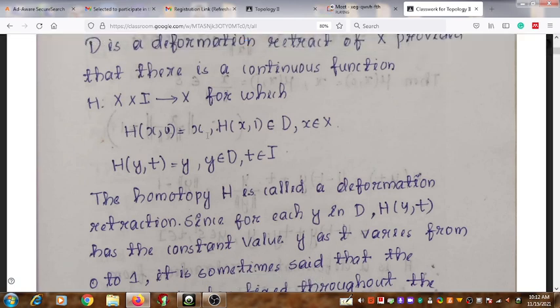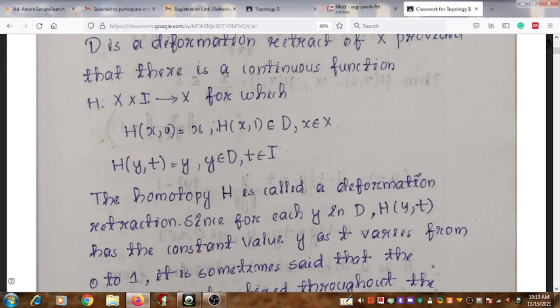h(x,0) equal to x, where small x means a point of capital X. Since this is true for all x, you will get h(X,0) equal to capital X, the entire space. Then there will not be any change.